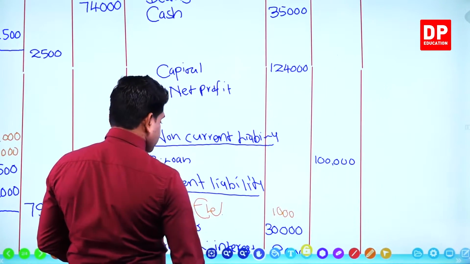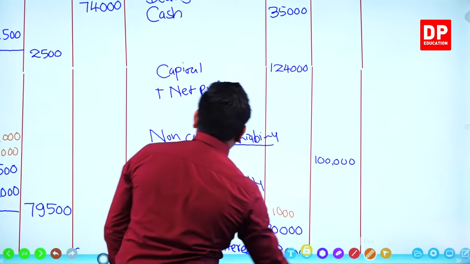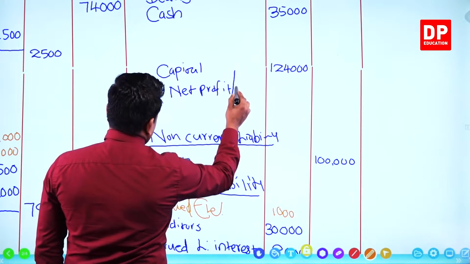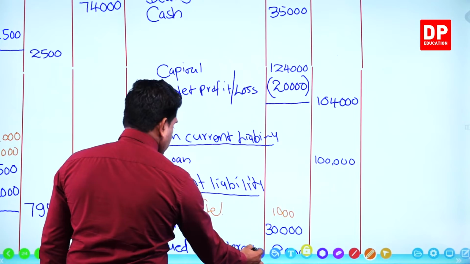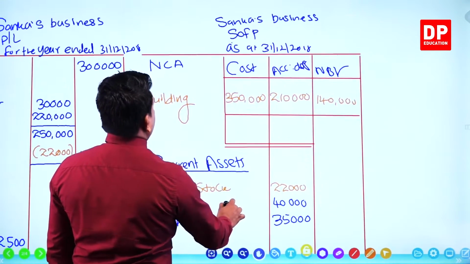Okay, now you bring this value to the capital area. Here we have written net profit, but it should be net loss, 20,000. Within brackets, why? Because it is a loss. You have to deduct, then 104,000, right? Now we move to the details above.